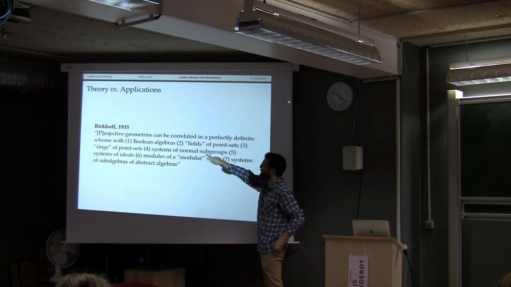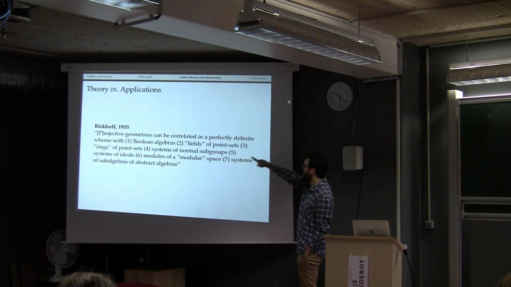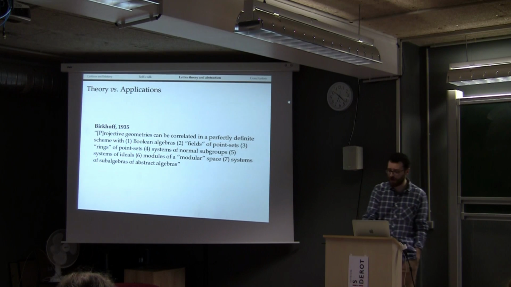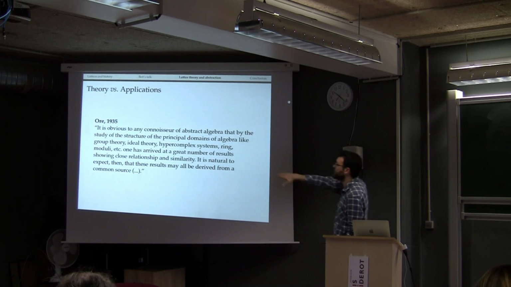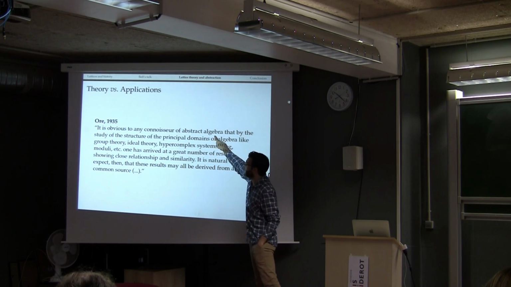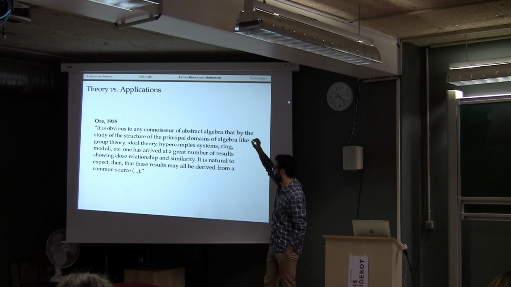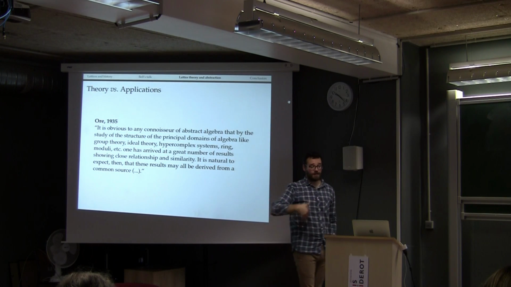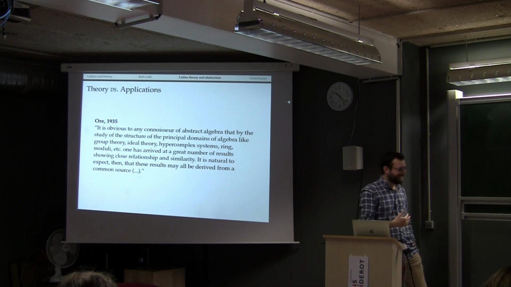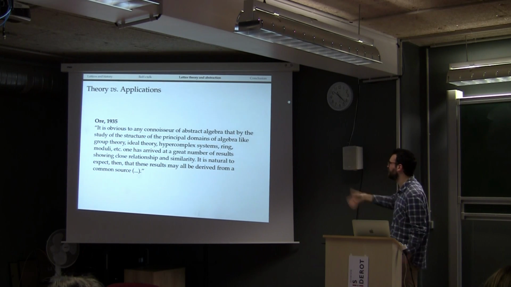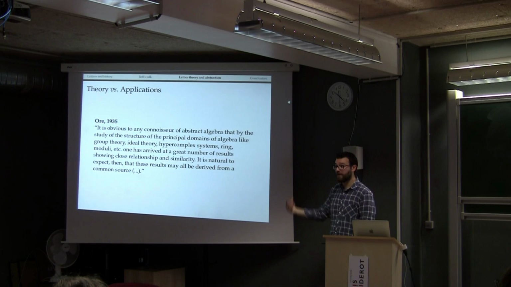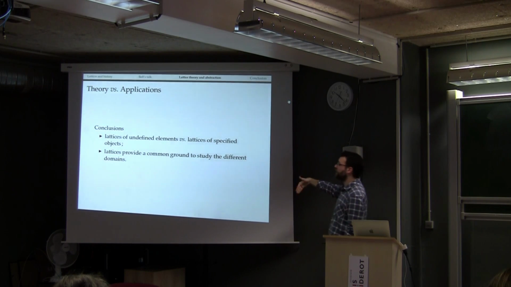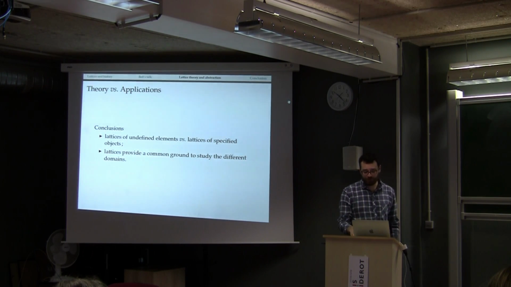So here you see projective geometry through lattice theory is correlated to Boolean algebras, fields of concepts, system of normal subgroups, etc. And it is the same thing in this paper, in which you see that there are different domains of abstract algebra, and these domains have relationships and similarities, and he says that it is natural to expect that these results may be derived from a common source, so lattices provide a common ground to study these different domains.